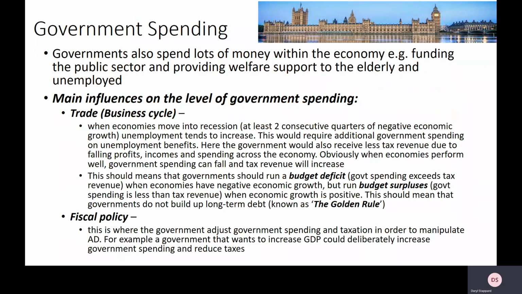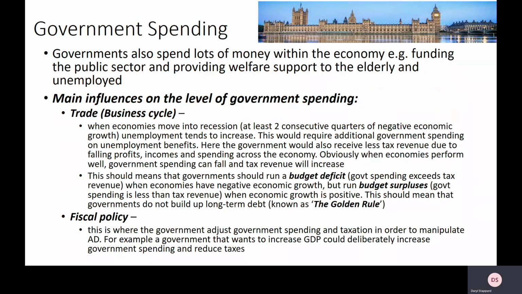Now, if we're trying to think about what will affect how much government spending will take place, it's often linked to the business cycle. So if the economy was in a recession when GDP is falling, then what will happen is governments will increase government spending in order to help boost the economy. But also, when the economy is struggling financially and people are unemployed, then there'll be a need for more benefits to be paid out of government spending to look after people.